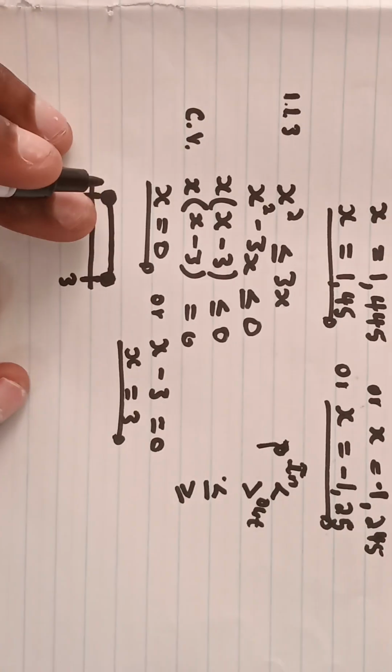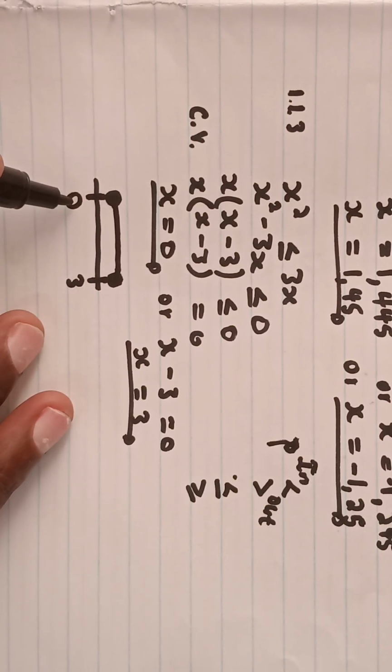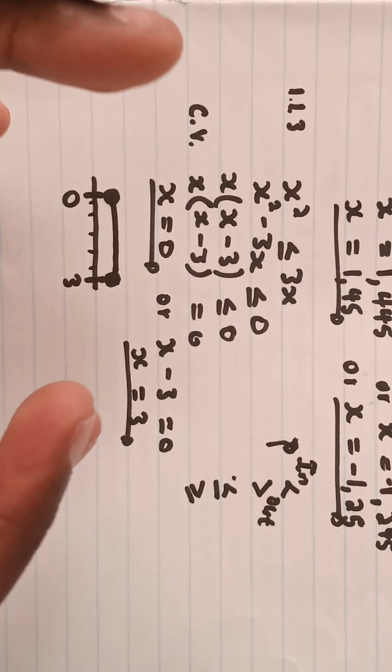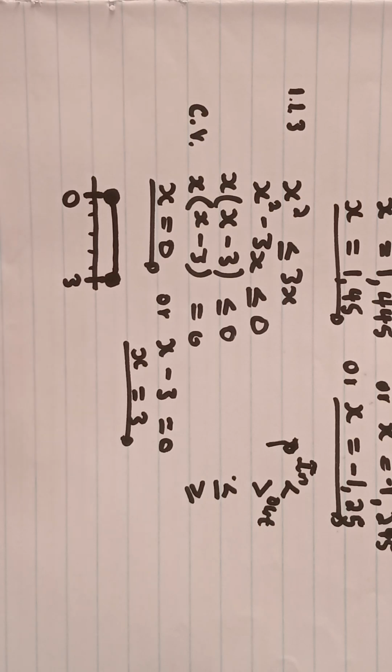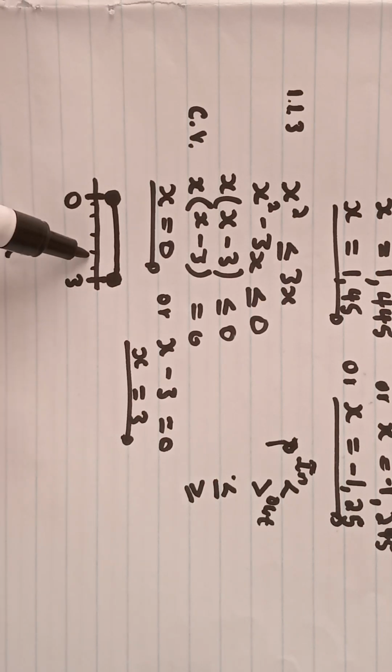So if it's in between 0 and 3, you can see that from 3 to 0, there are x values here. It means that in between those critical values, we can get our solution. So let's put our x here. Since these are x values, it's in between.